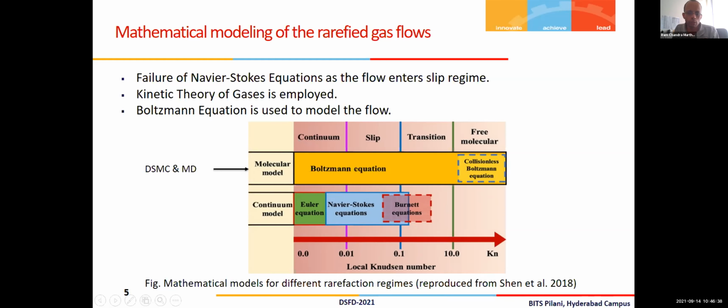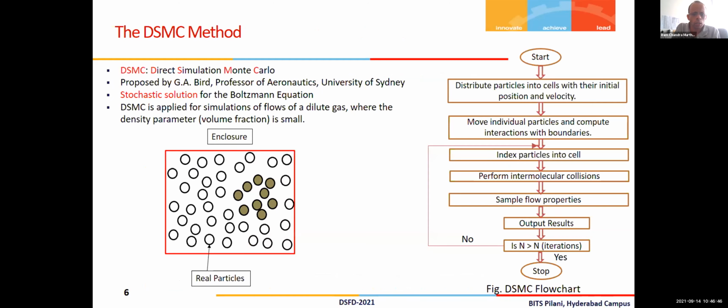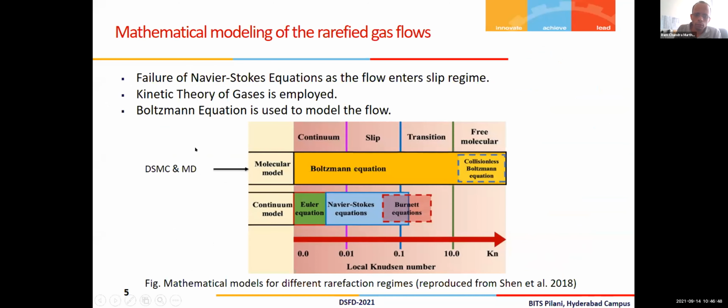But the difficulty is in solving the Boltzmann equation in the desired regime because of interparticular interactions. So in this context, a simulation tool called DSMC method and even the molecular dynamics for that matter can come in handy to solve this stochastically by simulating the flow.